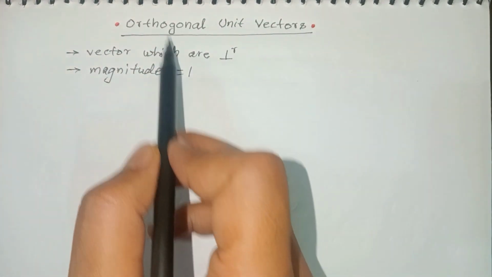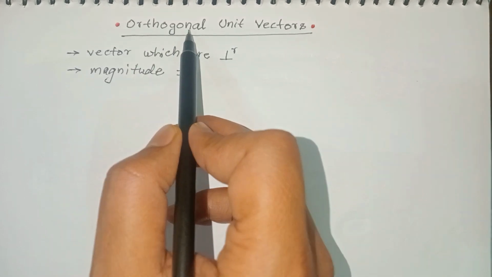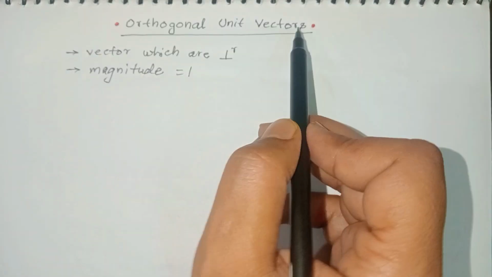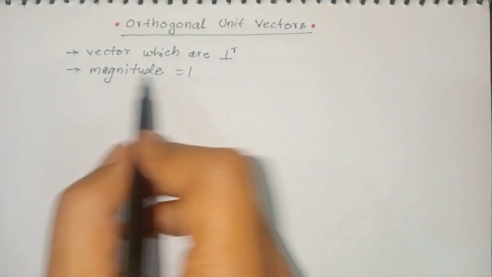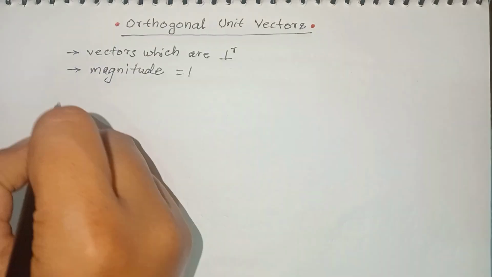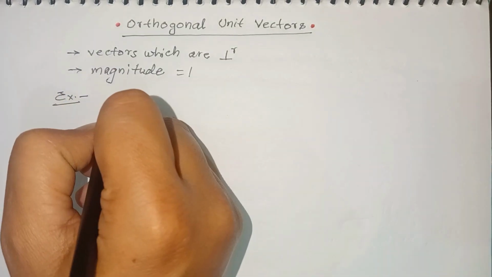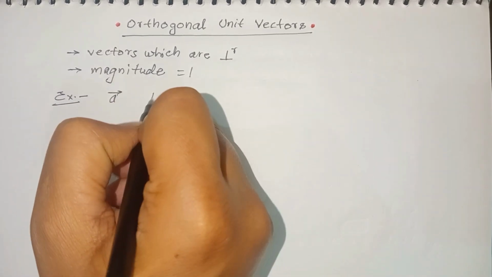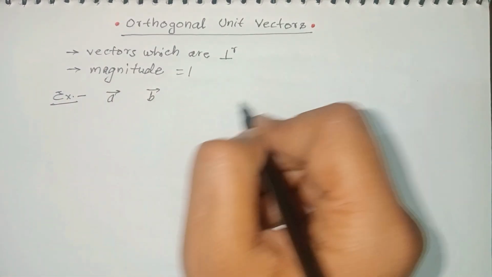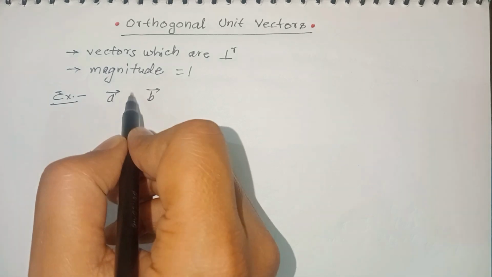Clearly, here orthogonal means perpendicular, unit means magnitude 1 vectors. Suppose, for example, there are two vectors, vector A and vector B, in a plane, and they are perpendicular to each other.